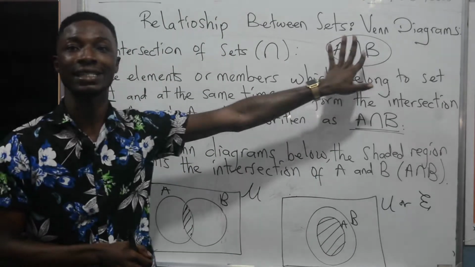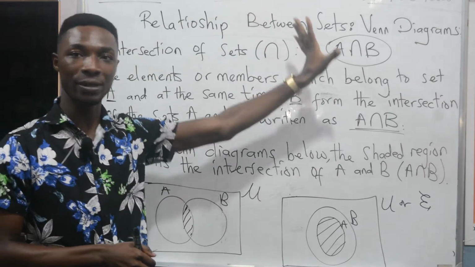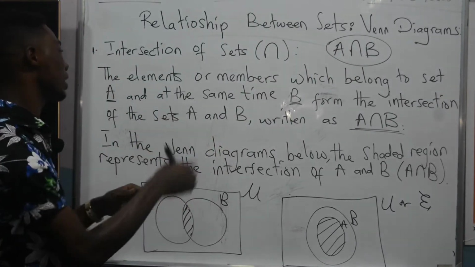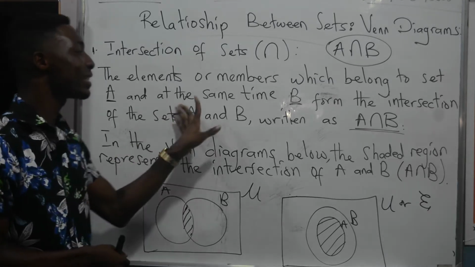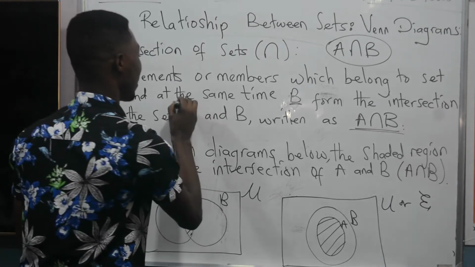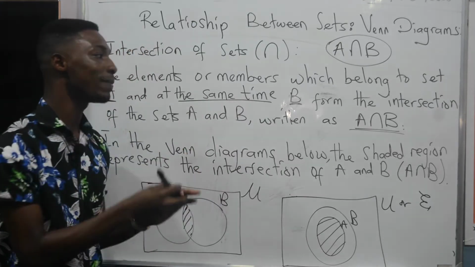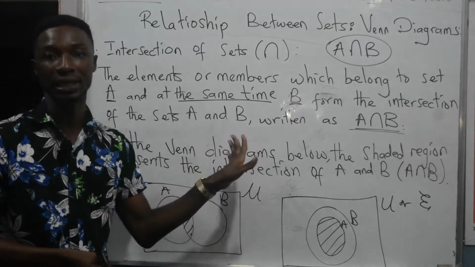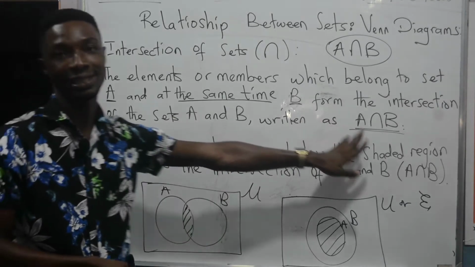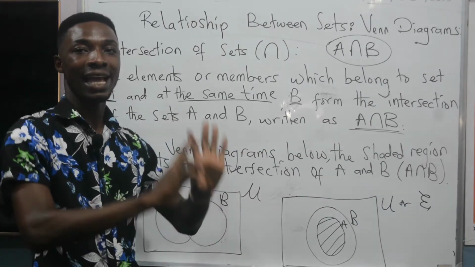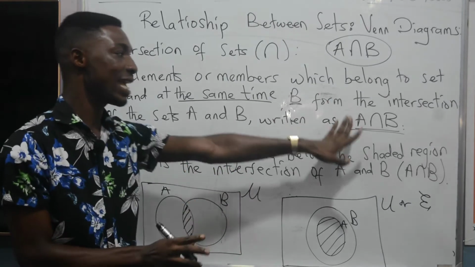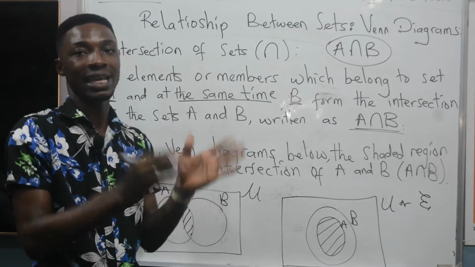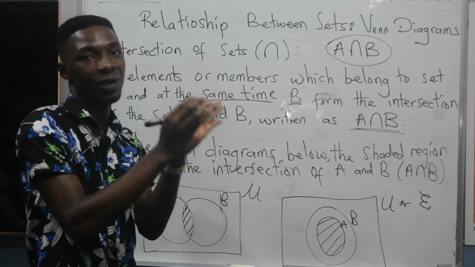It is also a set. What does it represent? The elements or members which belong to set A and at the same time set B form the intersection of the sets A and B. And we usually write it as this. So I create a set, then I look at set A and set B. The elements that are common to both sets, then I put them in that particular set.